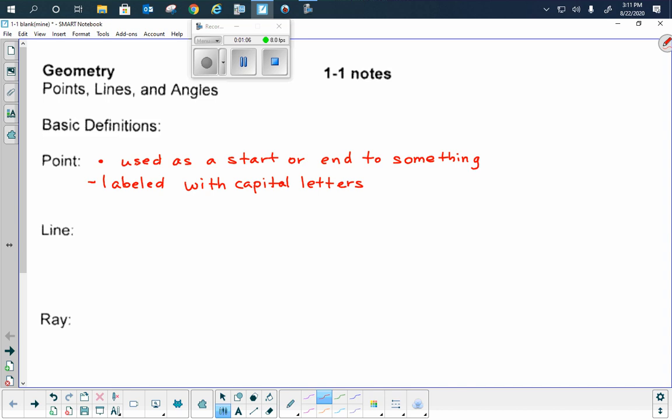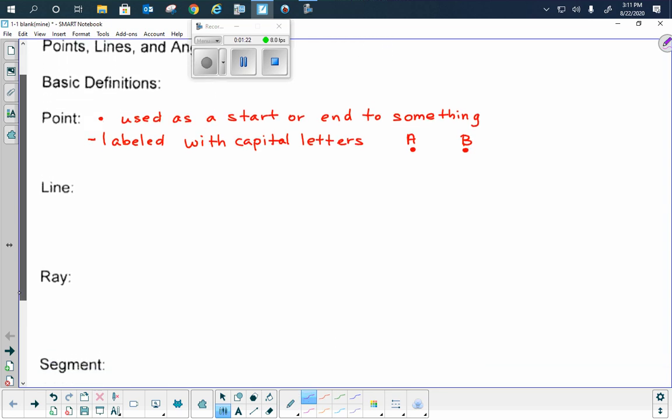So if I was just trying to symbolize point A, I'd have a dot with maybe a capital A above it. Point B would be something like that, with a capital B above it. So then moving on and integrating that with our next few definitions.